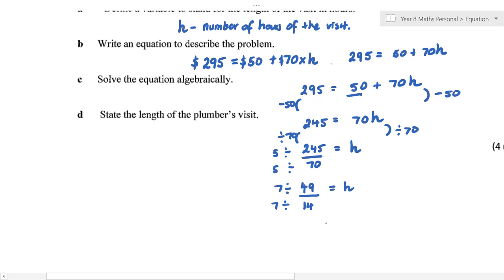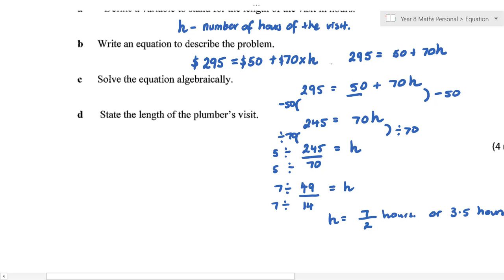And I reckon we're going to get a prime number here, which means I've got 7 over 2 hours, if you like. So it doesn't always have to be a nice round whole number, does it? In this case, it's going to be 7 over 2 or 3.5 hours, isn't it? Or 3.5 hours is also fine.